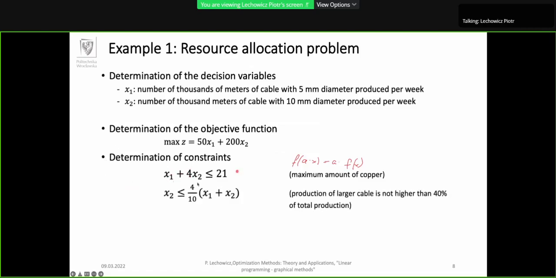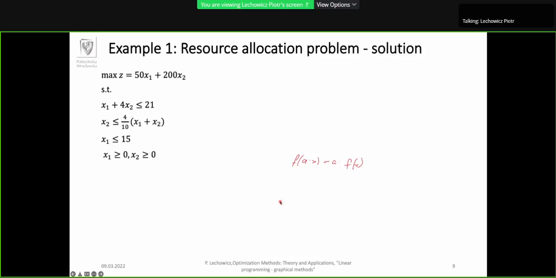And the production of a larger cable cannot be higher than or equal to 30% of the total production, which is expressed by this inequality. And production of a smaller cable cannot exceed 15,000 kilometers. And production of both cables cannot be lower than 0.